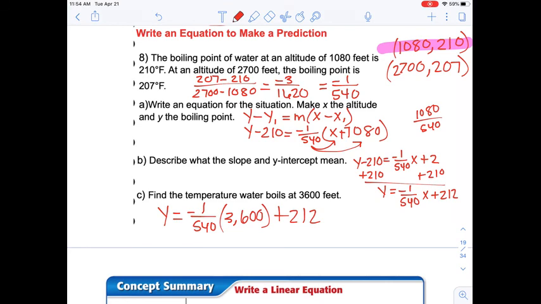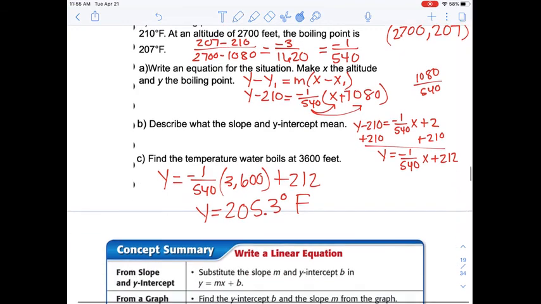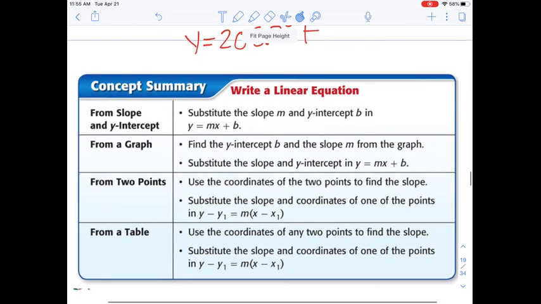And then I get negative 6.6 repeating. That I'm going to add 212, and I'm left with y equals 205.3, we'll round that to 3, degrees Fahrenheit. So at 3,600 feet, our temperature is going to be 205.3 degrees Fahrenheit.